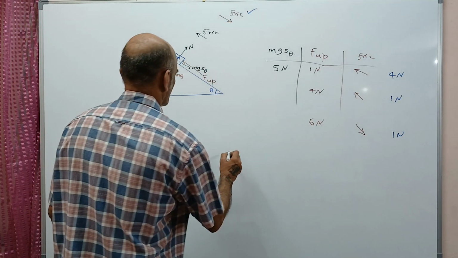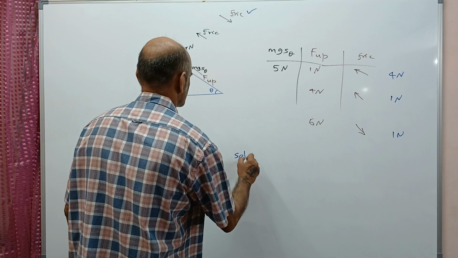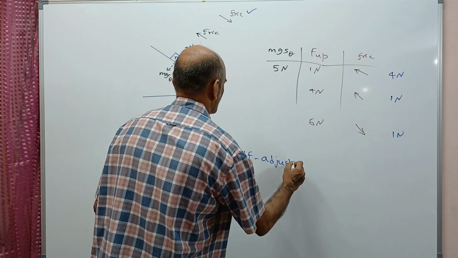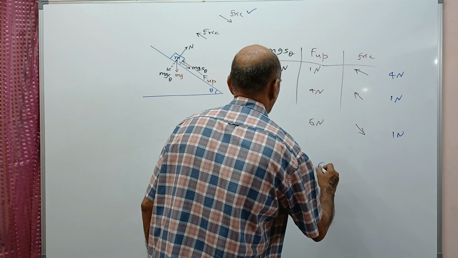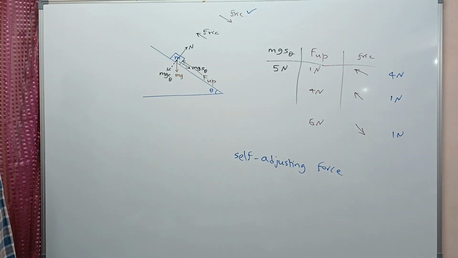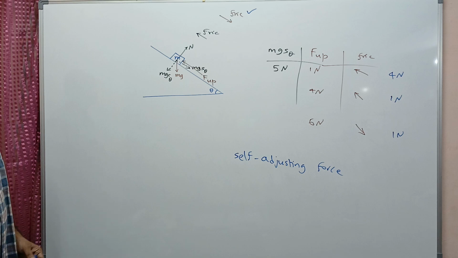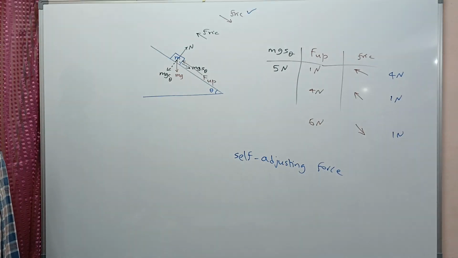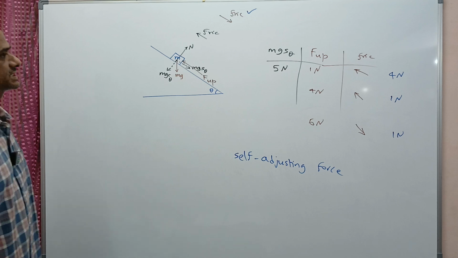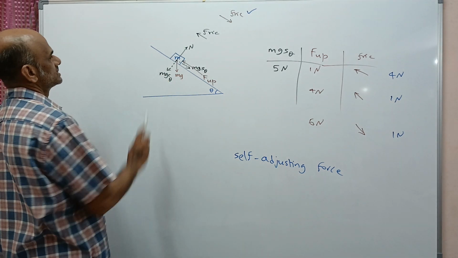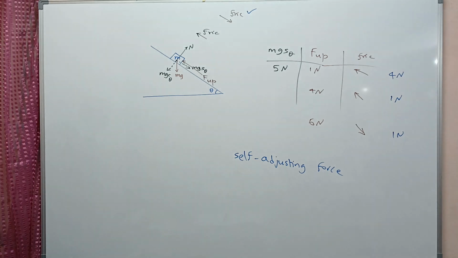So friction is called a self-adjusting force, because the magnitude and the direction of the force depend on the net external force acting on it. But the friction direction always tries to oppose the relative motion between the block and the surface. With this understanding, we can solve this JEE Advanced question.